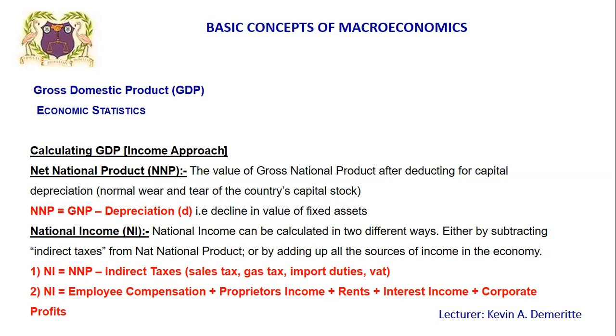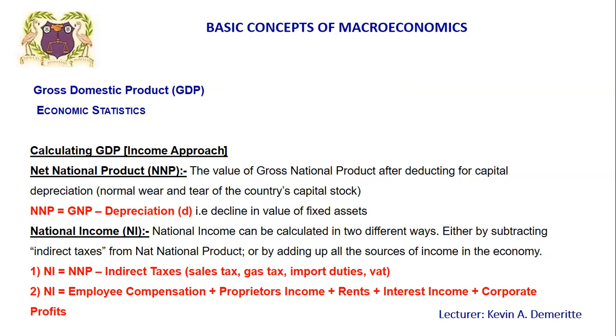Indirect taxes are things like sales tax, gas tax, import duties, value-added tax. When we say indirect taxes, we mean this is money that's not coming directly out of your paycheck. All right. An indirect tax is tax that you only incur if you consume a certain product or service.